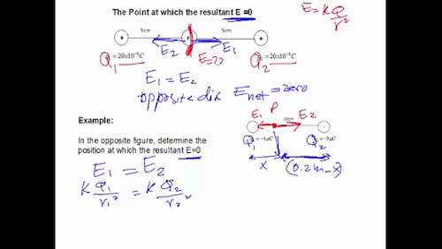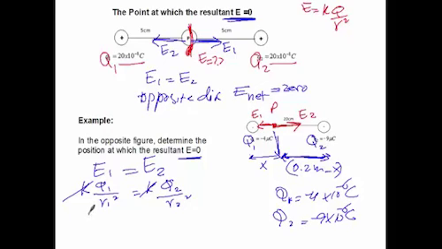This k will cancel with this k. So we are left with Q1, which is minus 4 times 10 to the minus 6 to convert from microcoulomb to coulomb, and Q2, which is minus 9 times 10 to the minus 6 to convert to coulomb.